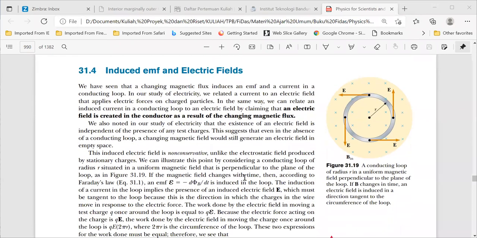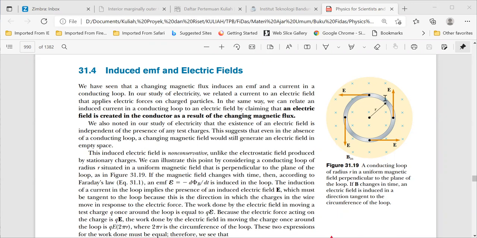Okay, about the induced EMF and the electric field. If we consider, for example, a conducting loop of radius little r, and this conducting loop is in a uniform field B, it could also change in time.